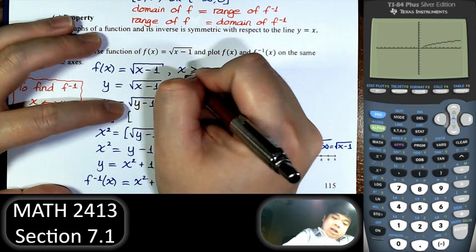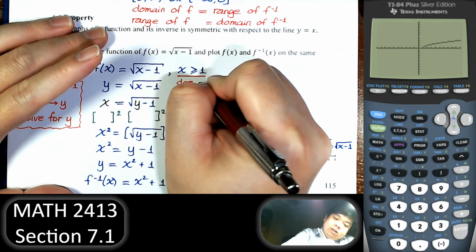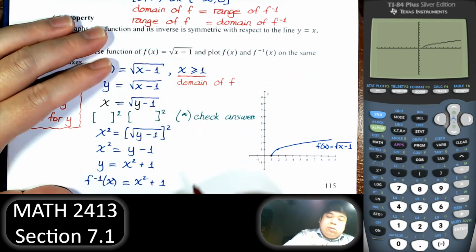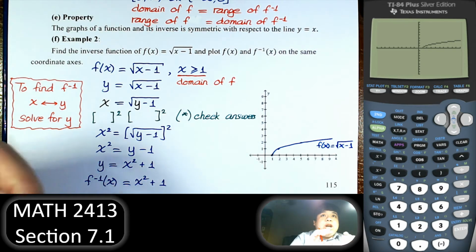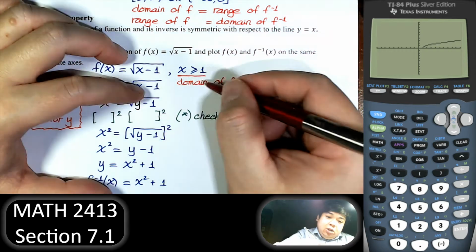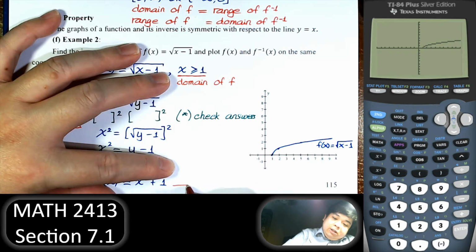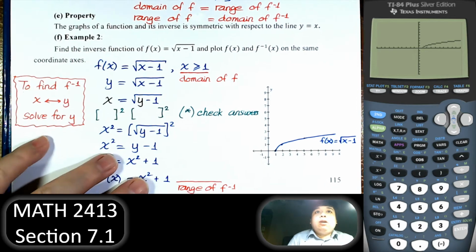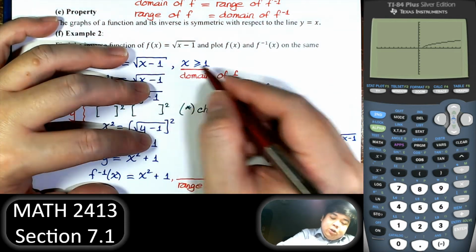So in this case, this is the domain of the function, which will be the range of the inverse. And when we interchange the domain and range, we interchange x and y. So from here, the domain of the function will equal the range of the inverse. And for the range of the inverse, we interchange x and y.